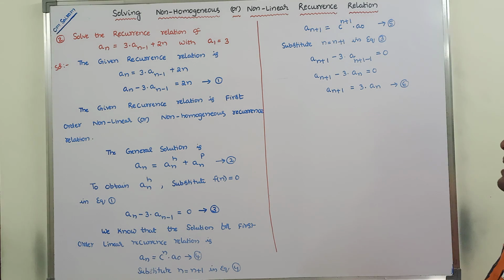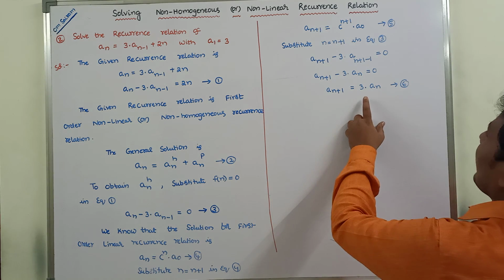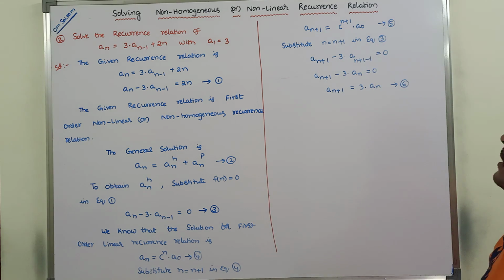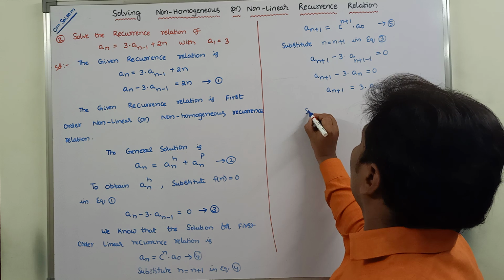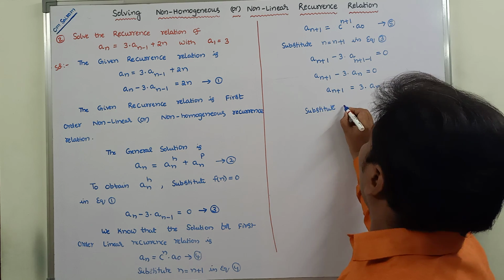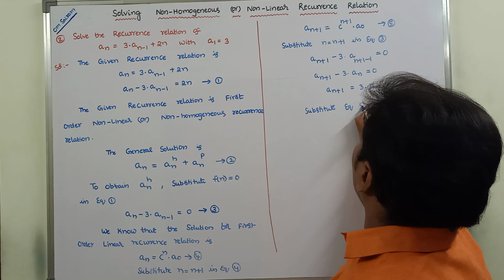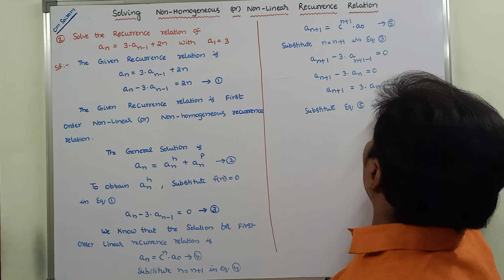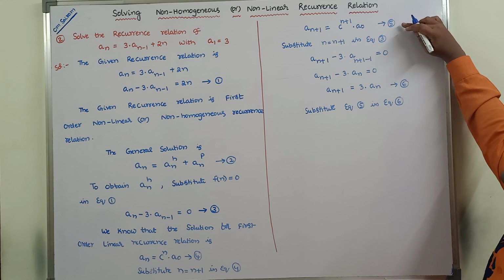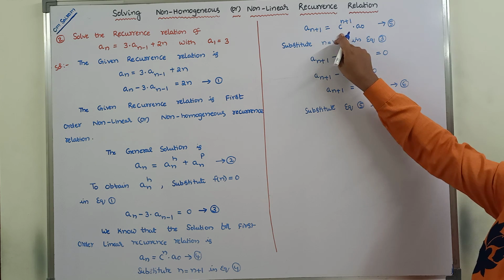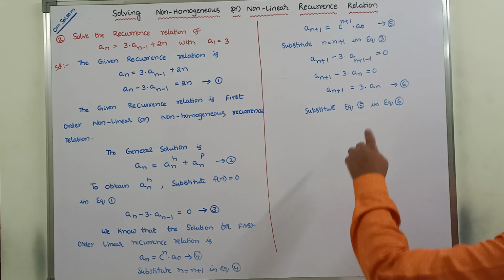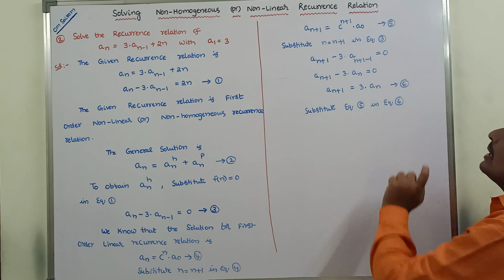Now this a suffix n plus 1 value can be substituted from equation 5 in equation 6. Equation 5 is a suffix n plus 1 is equal to c power n plus 1 into a naught. Substitute that value in equation 6.